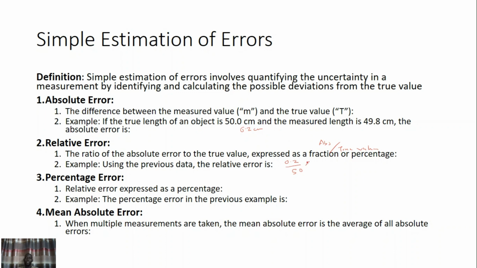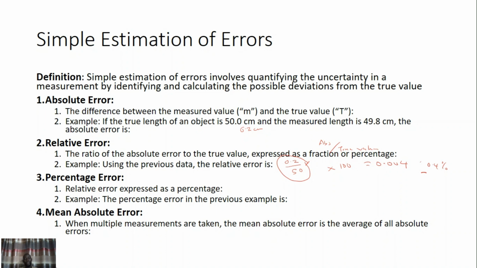This can be expressed as a fraction or as a percentage. This will be equal to 0.004 by ratio, and it will be 0.4%. So this is relative error, and that is how to calculate it.